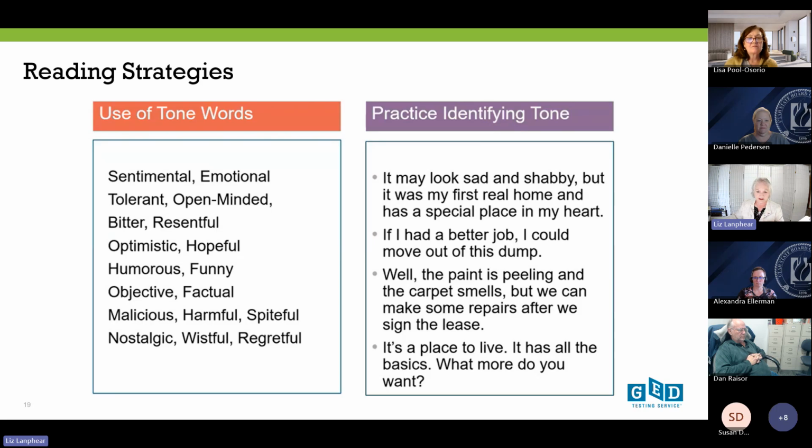What does that convey? You can go on with looking at the others, but help them to see it's the same apartment, different tones. They express different tone or information of how you're going to accept that information as a reader and what they're trying to convey.